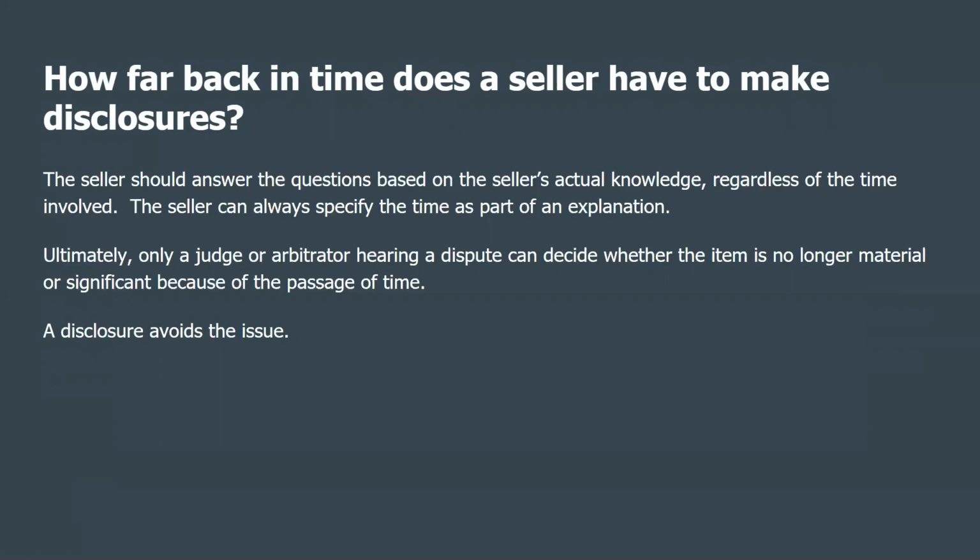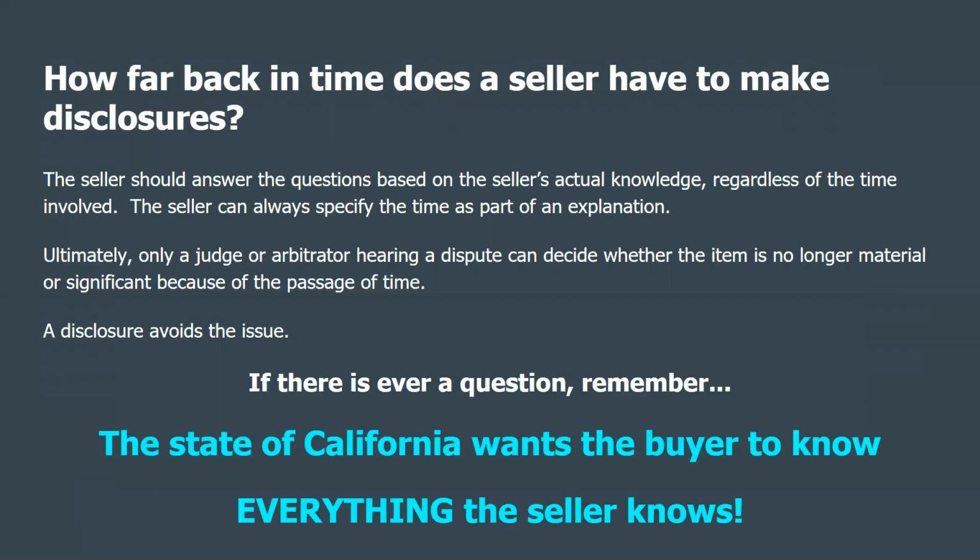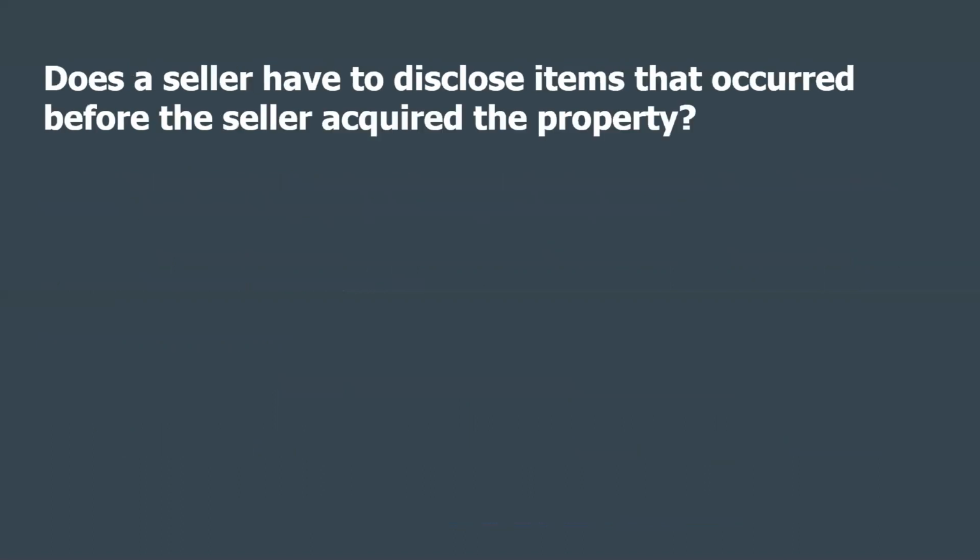A disclosure avoids the issue. If there is ever a question, remember, the state of California wants the buyer to know everything the seller knows. That is a phrase that I repeat to my sellers during my listing appointments. When they ask me questions, I always just tell them, the state of California wants the buyer to know everything that you know about the house.